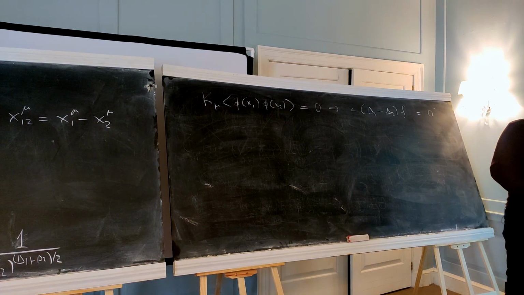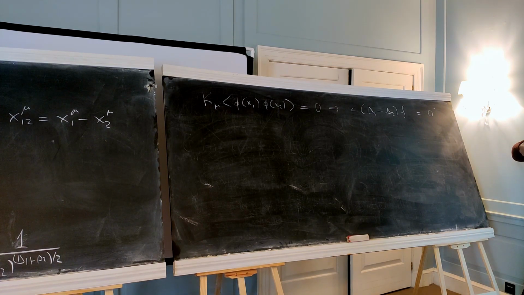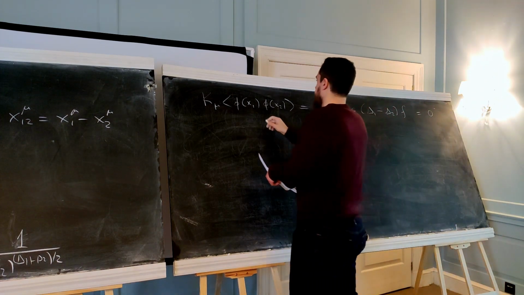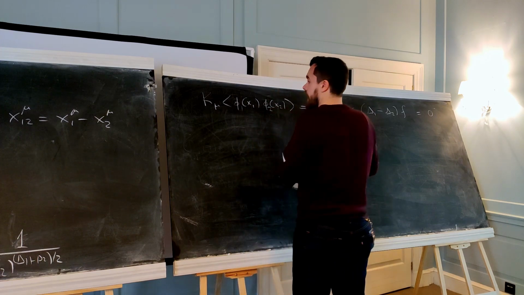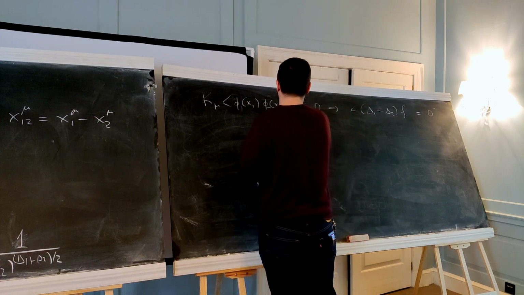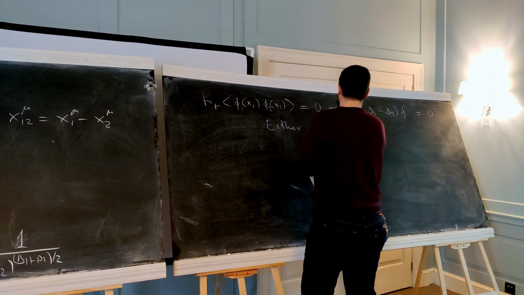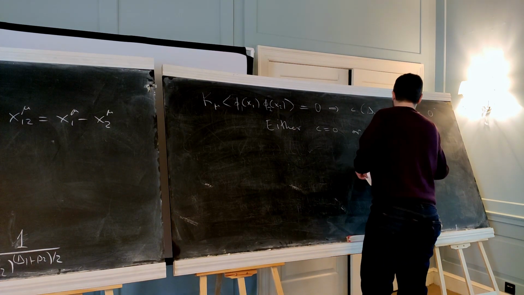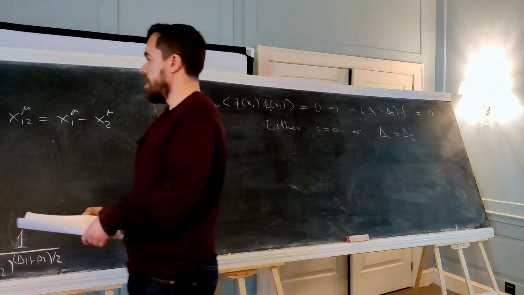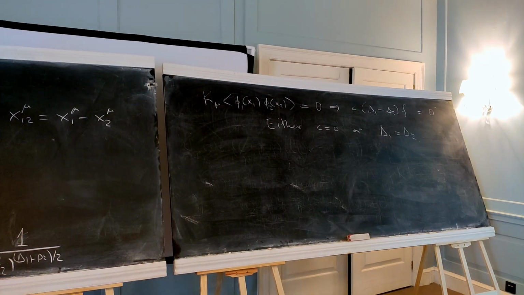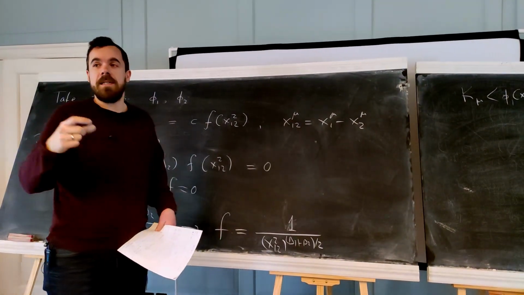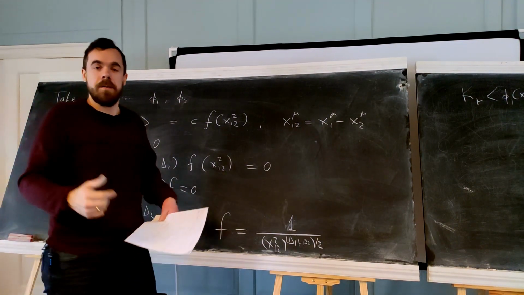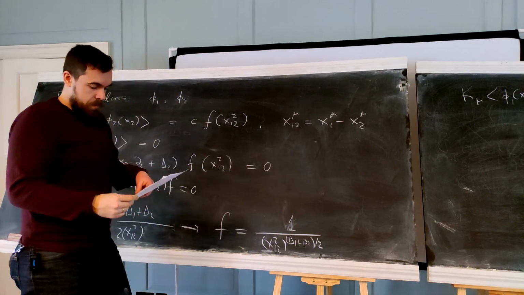So if you have a theory that is conformal on top of being scale invariant, then it must be that either c is 0 or delta 1 is equal to delta 2. In other words, two operators that do not have the same dimension in a conformal field theory will necessarily have a 0 2-point function. Okay?